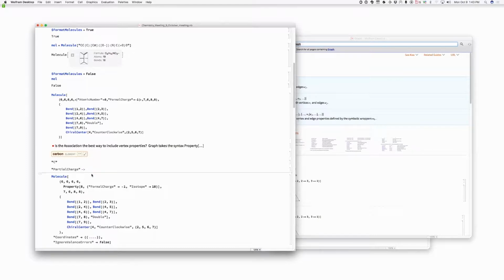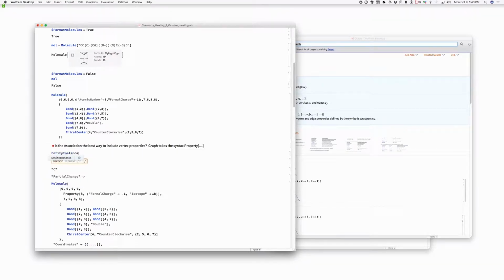Along the entity line, one thing that would work there would be an entity instance of the element carbon, with a formal charge and an isotope. Right, that is a reasonable thing. So that's an alternative to this association here. Right. Now let me point out in this association, this -1, you should also at least support electron charge as a unit there, right? Right. Yes.